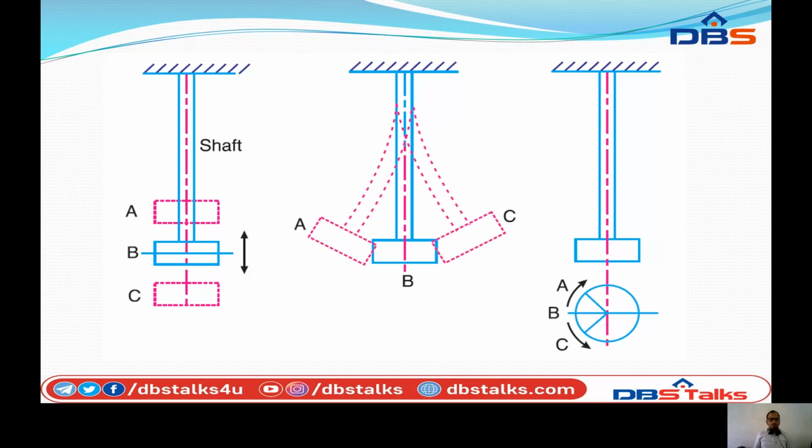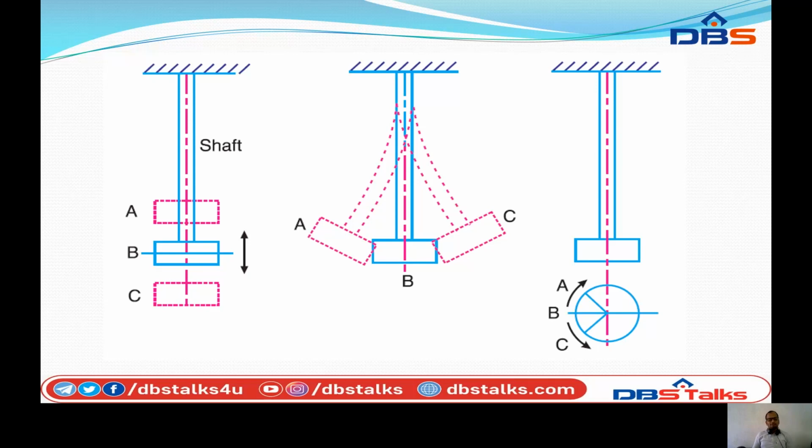Let B be the mean position, which is the normal condition. In the diagram, the blue colored weight or disc is in the mean position, and A and C are the extreme positions.